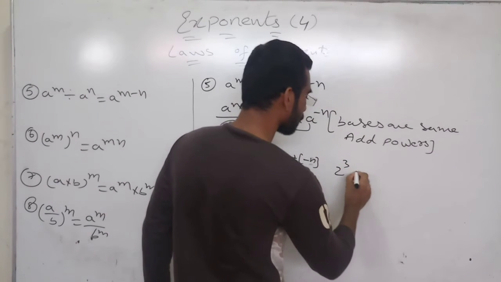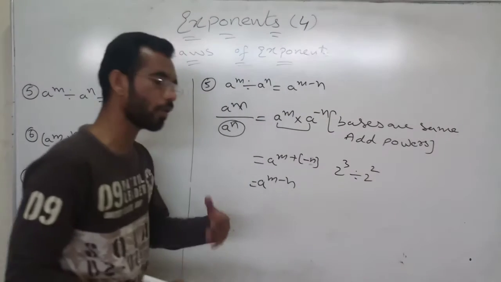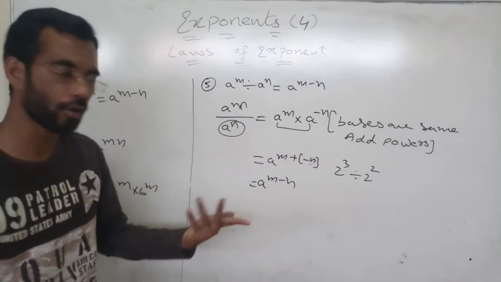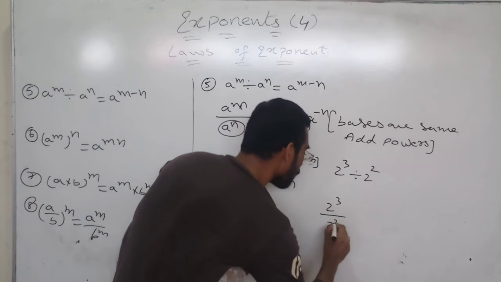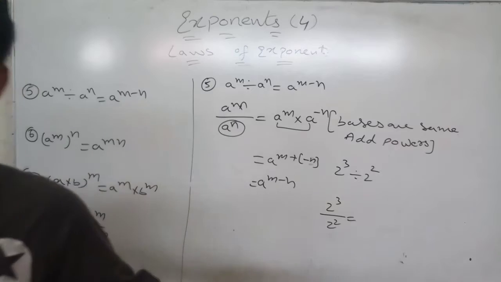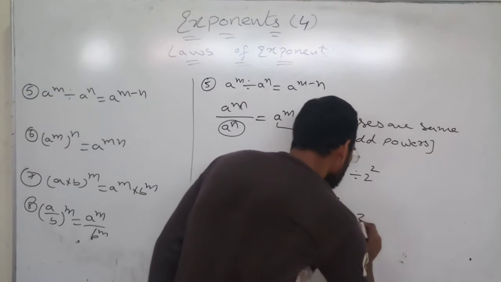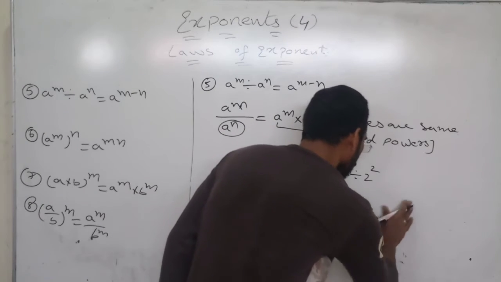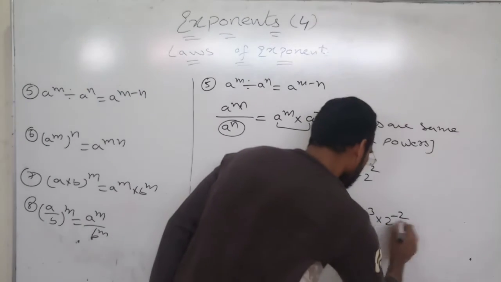2 to the power of 3 divided by 2 to the power of 2. What do we have to do? 2 to the power of 3 into, this goes to the numerator, 2 power of minus 2.